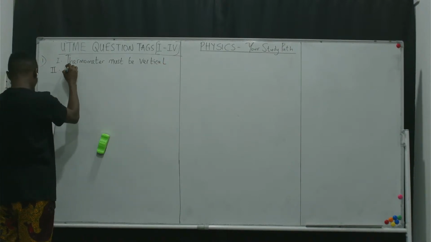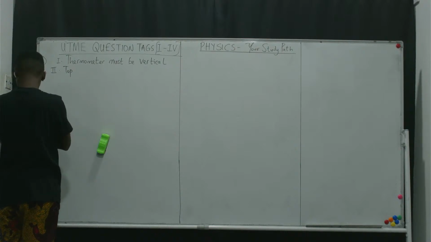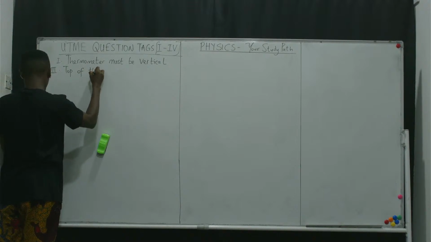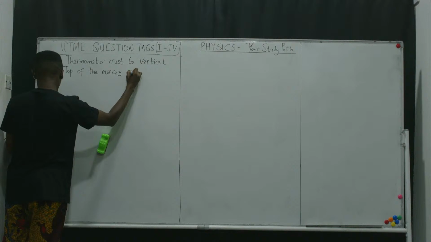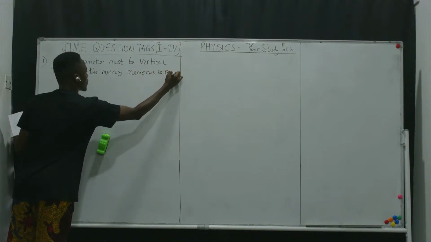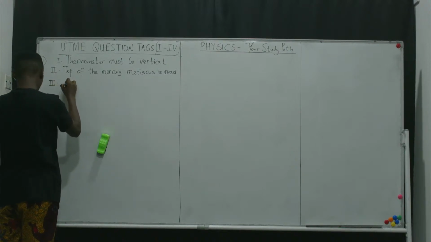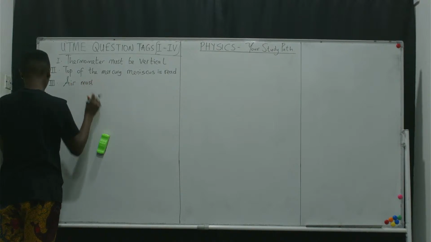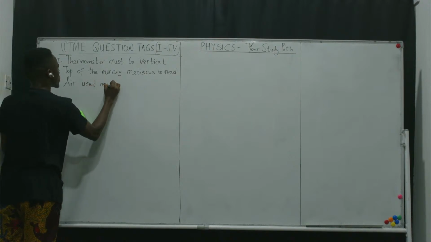II says the top of the mercury meniscus must be read. The third option says the air used must be dry.